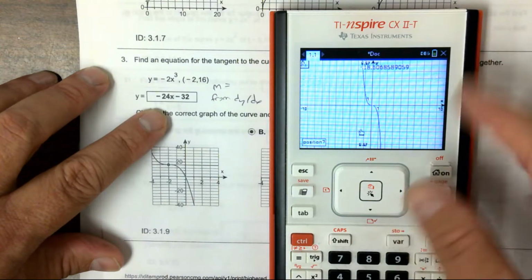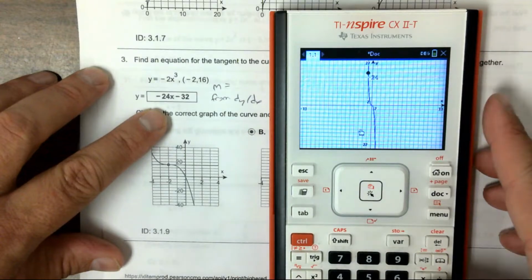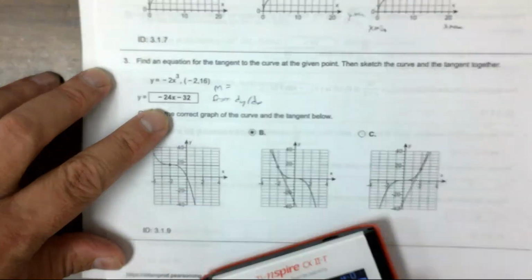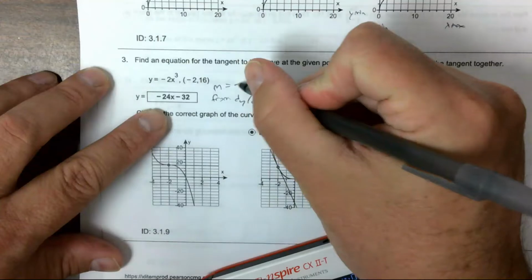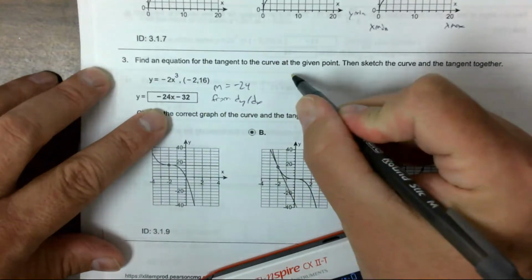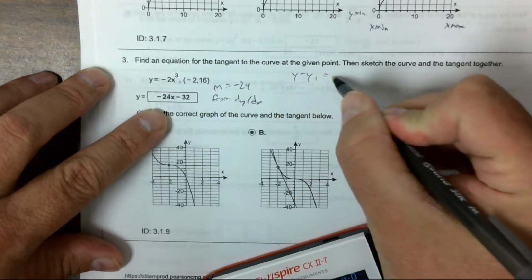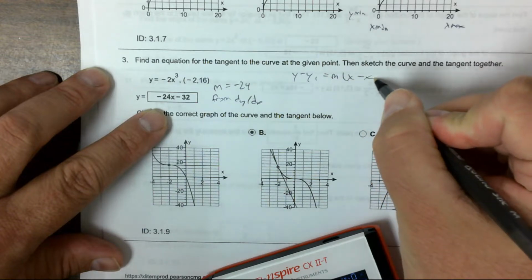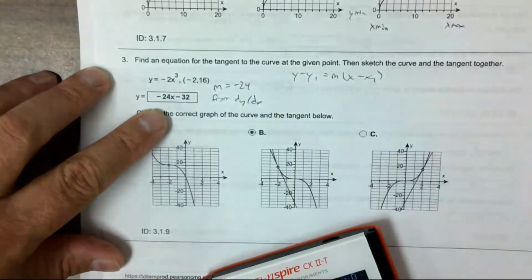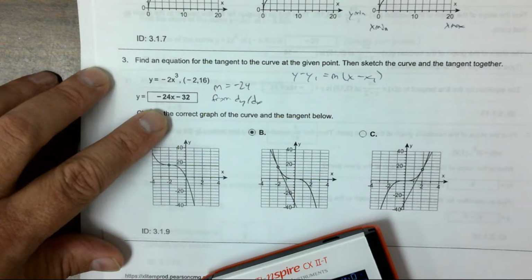The position is -2, enter, so we get -24. This time I guess I'll use the other formula just for variety, because whenever you take college algebra, if you have to take that, they're going to want you to learn both methods.